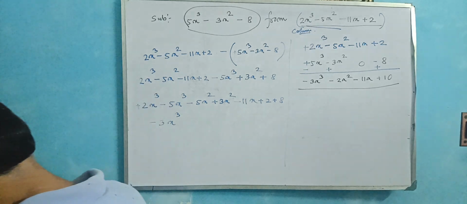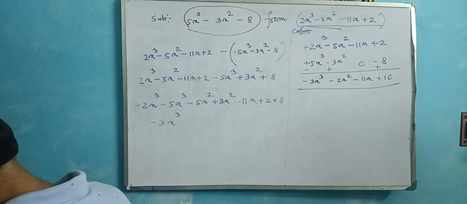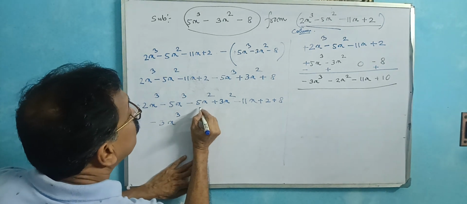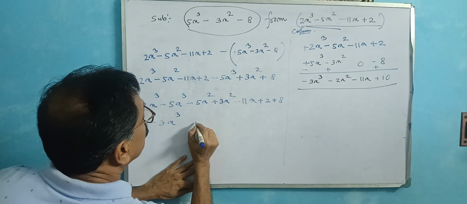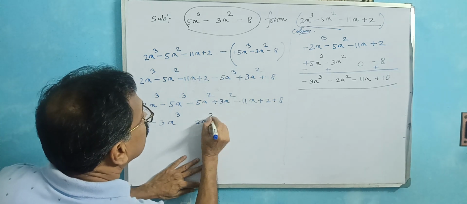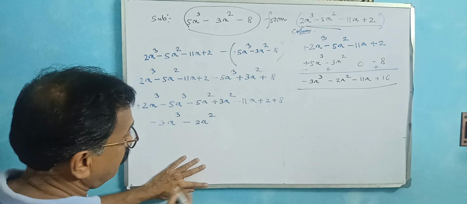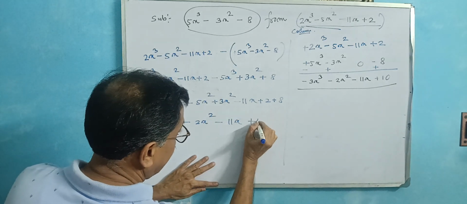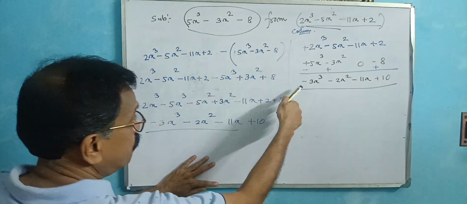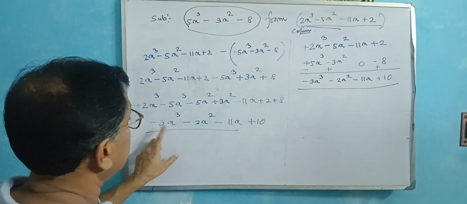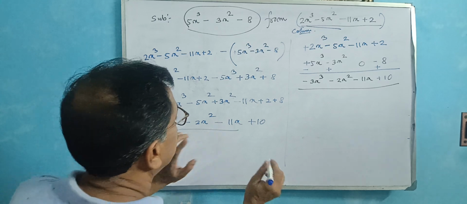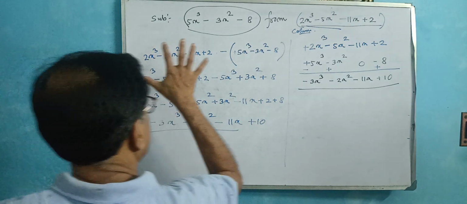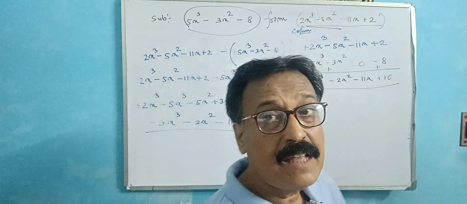Sign is minus. Clear? Here is the opposite sign also. So subtraction 5 minus 3, so 2x square. 5 is greater, this sign. Okay? Here is minus 11x, and this is the same sign, addition 10. Here is minus 3x cube minus 2x square, 11x, 10. Clear?